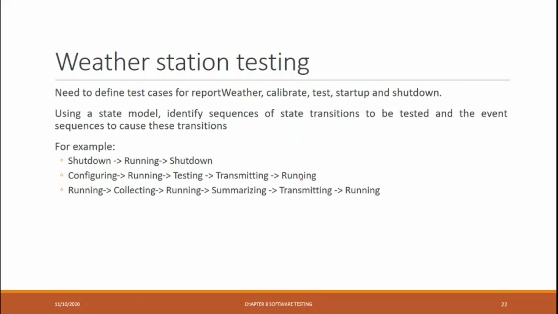So for weather station testing, you need to define the test cases for report weather, calibrate, test, startup and shutdown. Using a state model, identify the sequences of state transitions to be tested. For example: shutdown, running, and shutdown; configuring, running, testing, transmitting, and running.